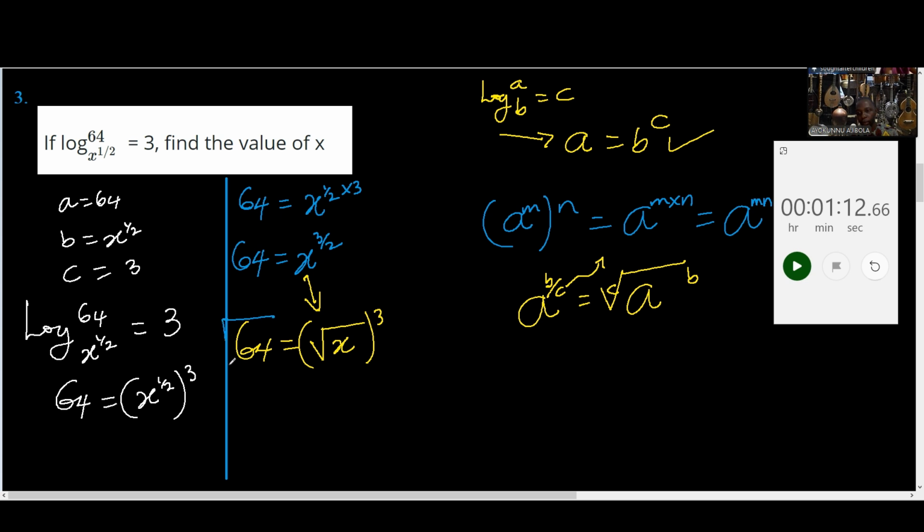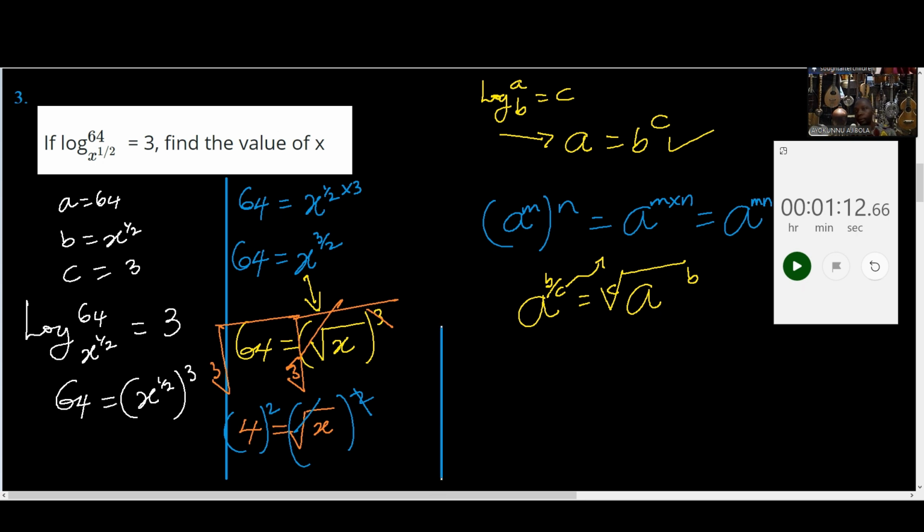So you find the cube root of 64 and the cube root of the other side, so cube root cancels the power of 3. What's the cube root of 64? That's 4, equal to root x. Then to remove the square root, you square both sides. So x is going to be 16, because that's 4 squared.